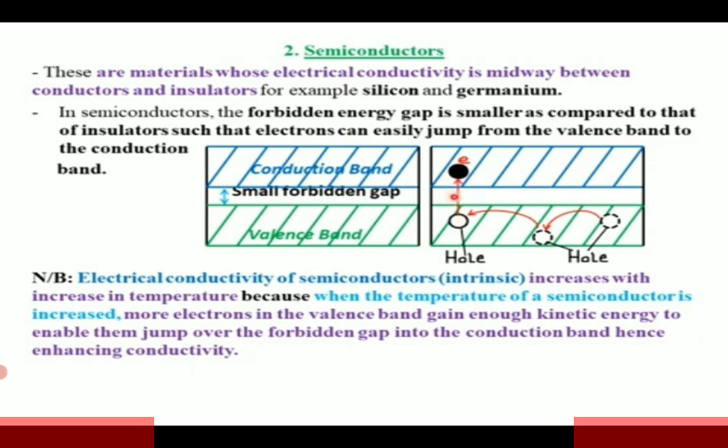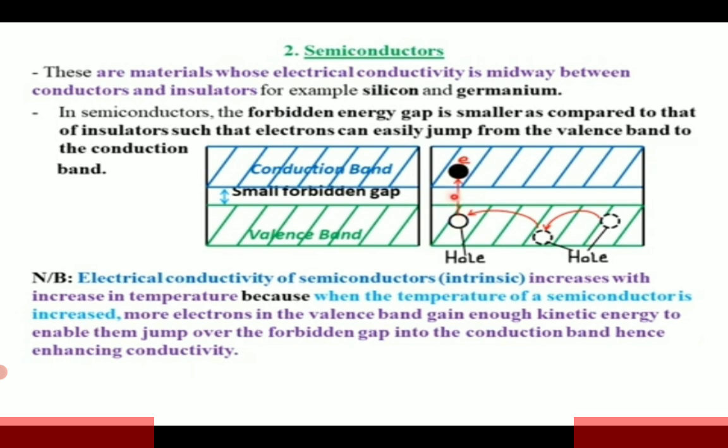Hence, they conduct electricity. And we have also seen so far that the electrical conductivity of semiconductors can be enhanced, can be increased by simply raising their temperatures. What does the temperature do? The temperature simply increases the kinetic energy of the electrons so that as many electrons as possible gain kinetic energy and jump through the forbidden gap, which is smaller, and they get to the conduction band where they're free to conduct.